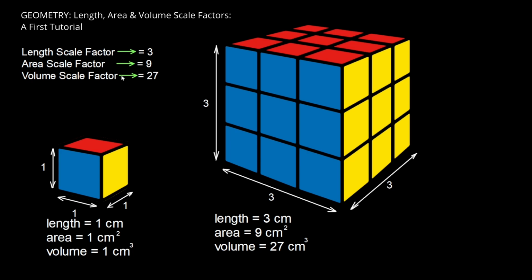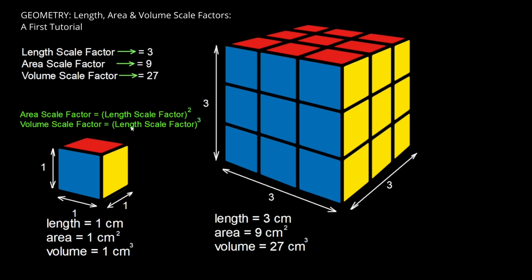Now, both the area and the volume scale factors can be related back to the length scale factor. The area scale factor is the length scale factor squared, and the volume scale factor is the length scale factor cubed. And that's quite an important result.